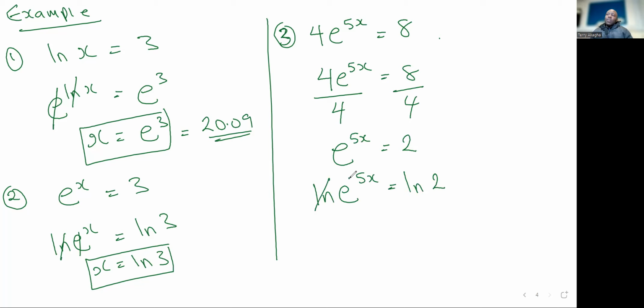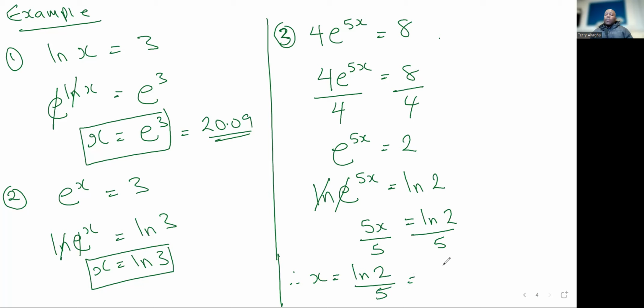Then this can cancel that. Then 5x is going to be equal to ln 2. Then to get x, you divide both sides by what? 5. Then x is going to be equal to ln 2 divided by 5.